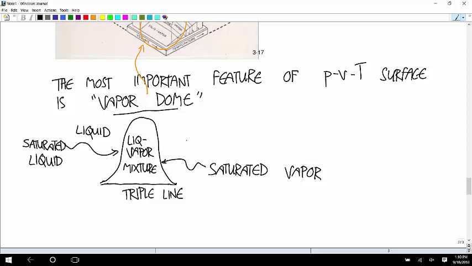And to the right of the dome is superheated vapor. The last thing is at the top of the dome is the critical point.